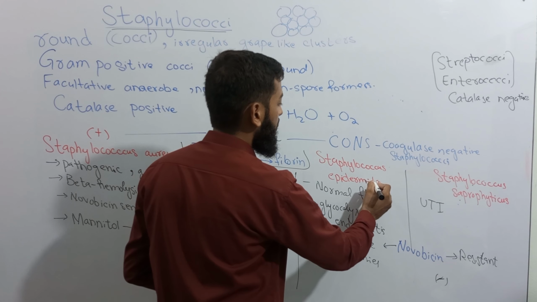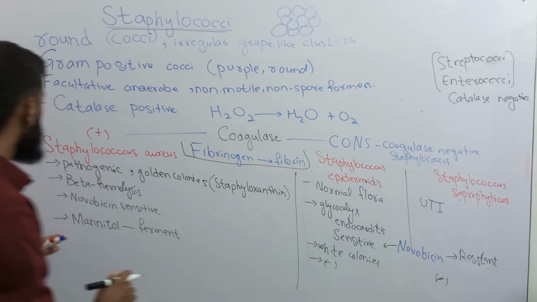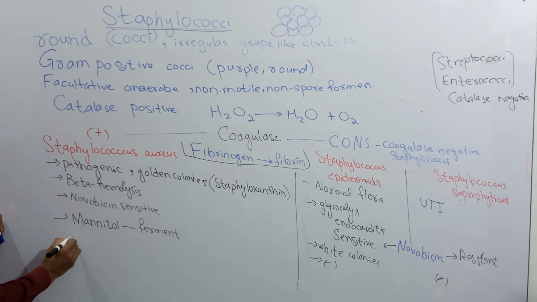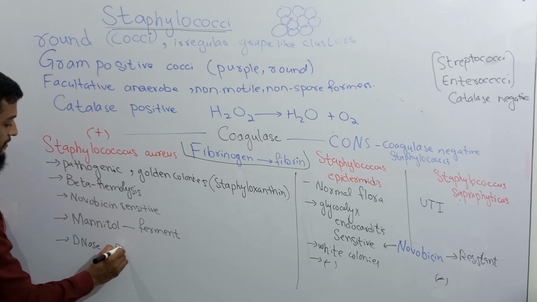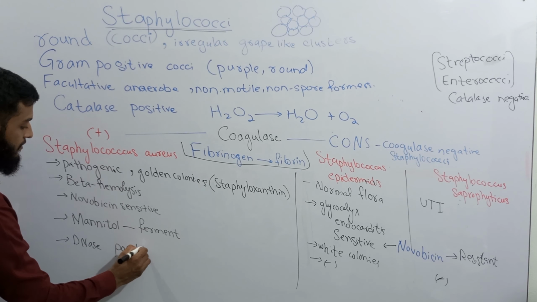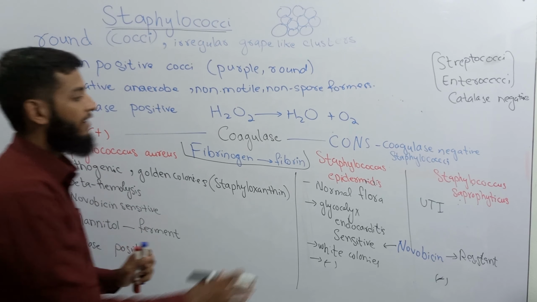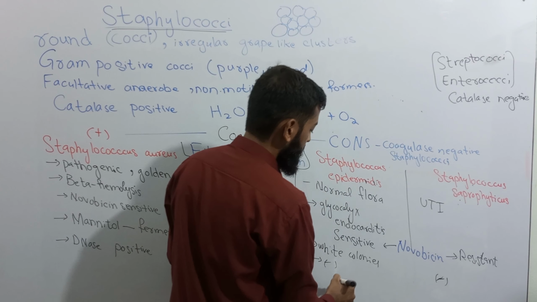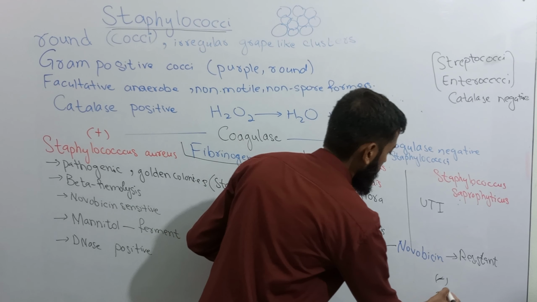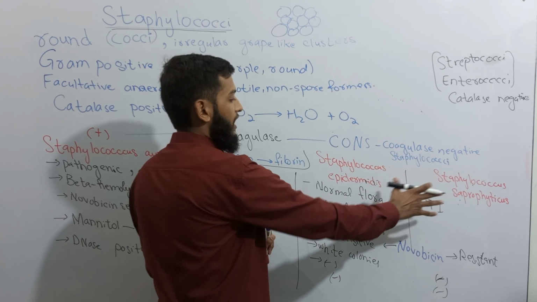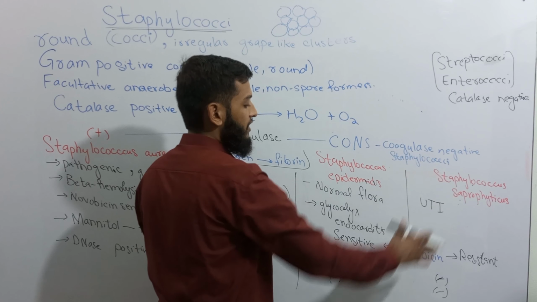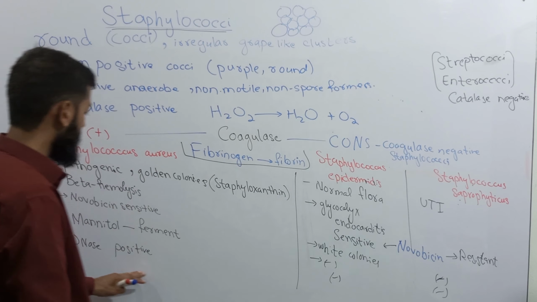Mannitol is a sugar. Staph aureus is also DNase positive, whereas Staph epidermidis and Staph saprophyticus are DNase negative. These bacteria do not contain the DNase enzyme.